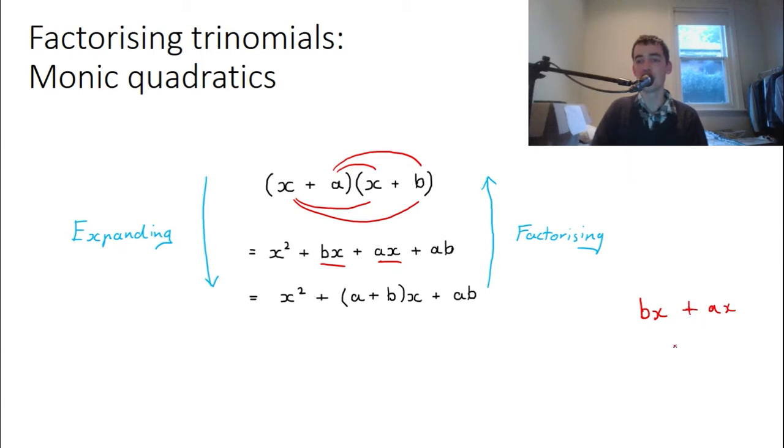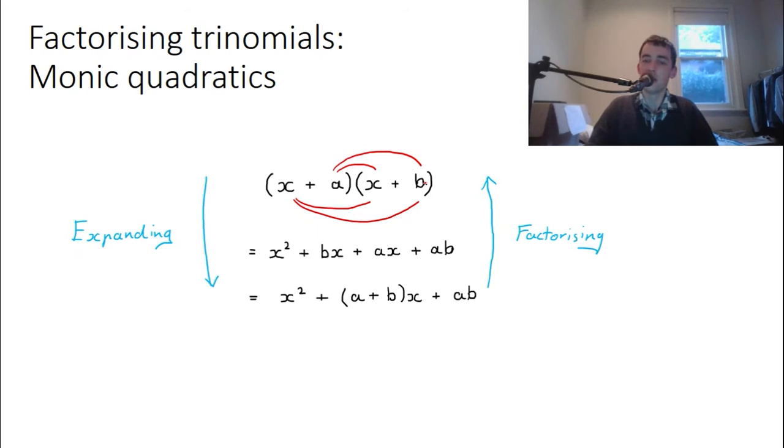The common factor in here is x. And then you write the b plus a. We're doing that for a reason. The reason is our final result is x squared plus something x plus something, or plus ab times together. Now, if I factorize this, I get back to here.